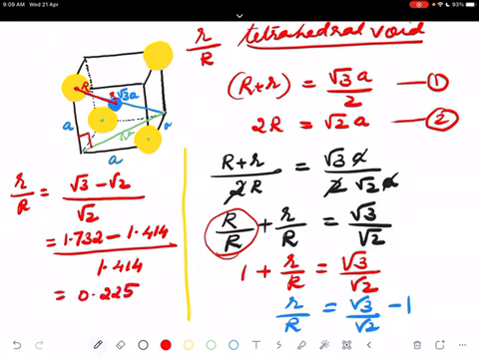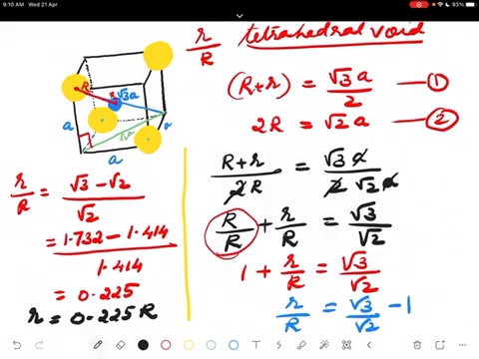Or you can write small r is equal to 0.225 capital R. So which is bigger, octahedral void or tetrahedral void? Octahedral void is bigger than a tetrahedral void. So this is the relation between small r and capital R, or we can say radius ratio.